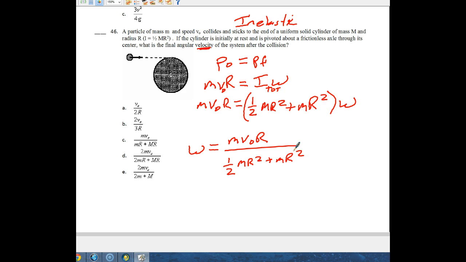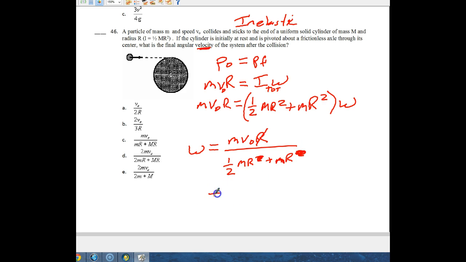Now the m's here are a little bit different. It says this is little m, so we better make it a little m. This one is going to be a little m also. And so what we need to do to the top and the bottom is get rid of an r. So we can do that.